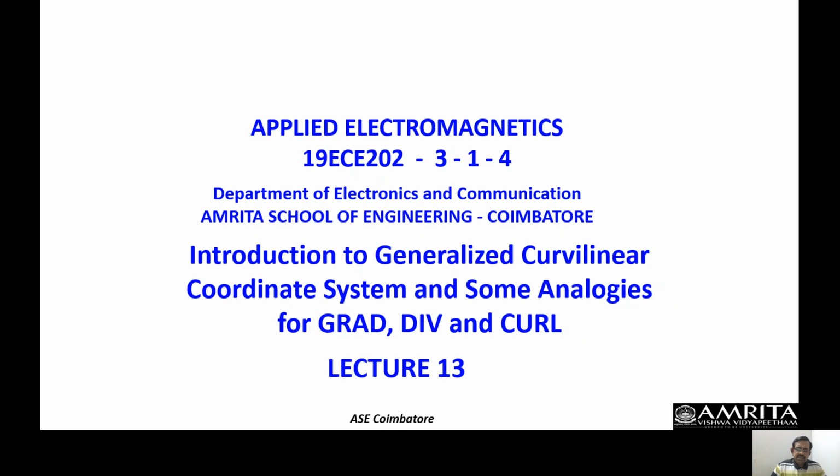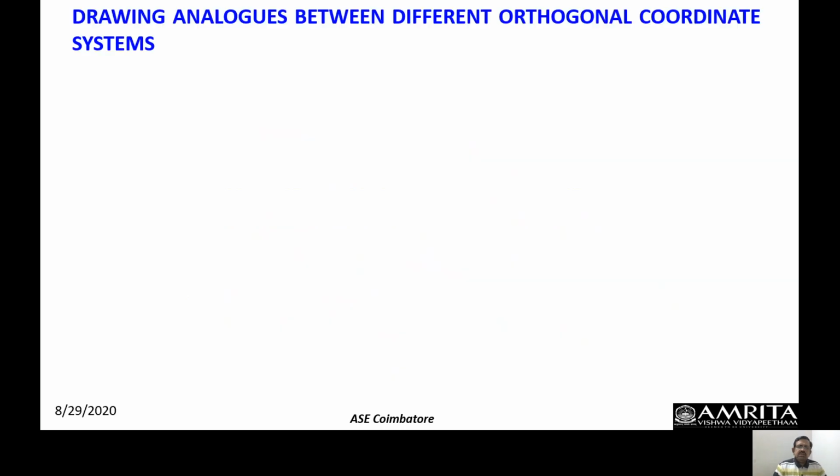In either way, we require to know these coordinate systems and able to determine the gradient, divergence, curl with those symmetries such as the cylindrical and spherical symmetry. So let us try to get into drawing some parallels between different orthogonal coordinate systems in comparison with generalized coordinate system.